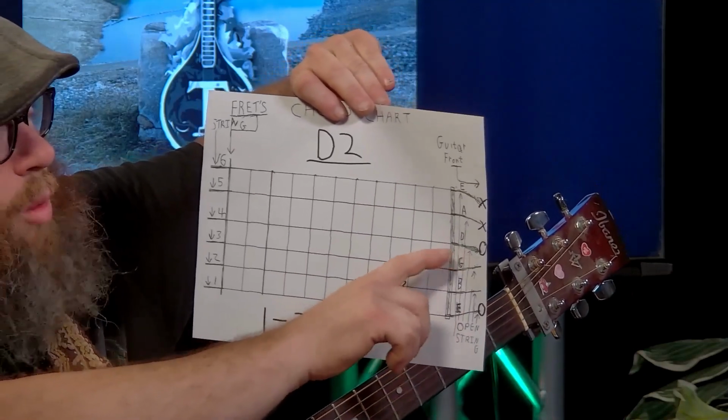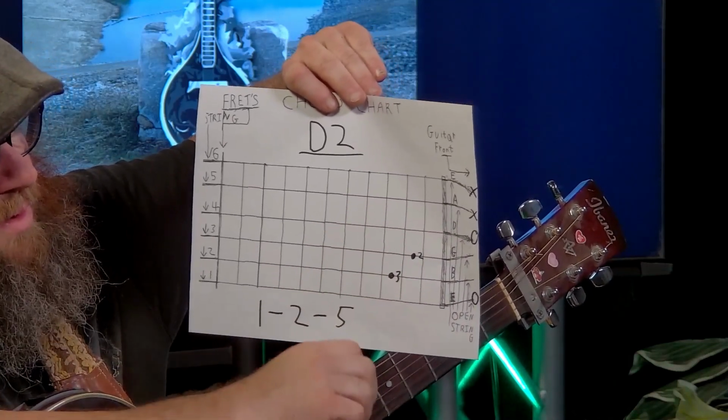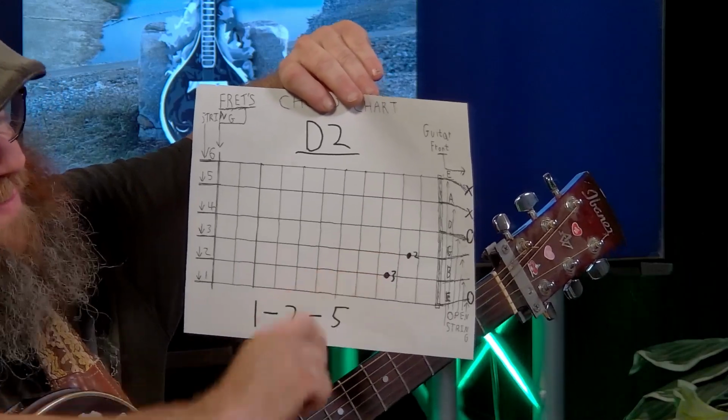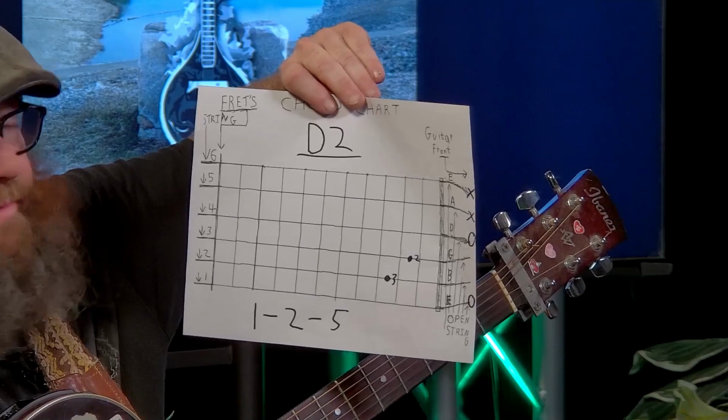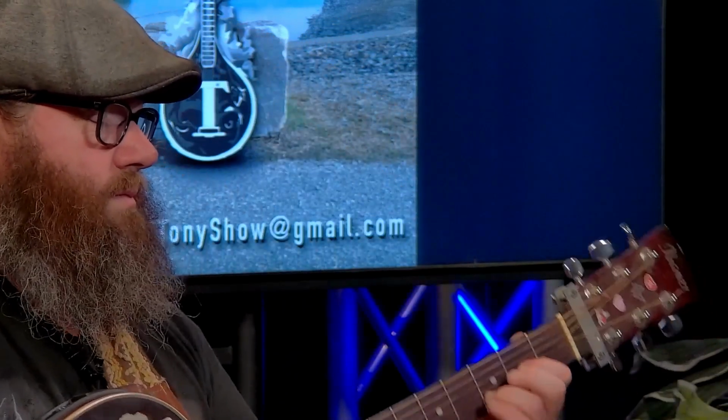And then you got your open D string. And then here you got your second and third fingers is what you're using. And I'll play that. It's a nice little tone to it.